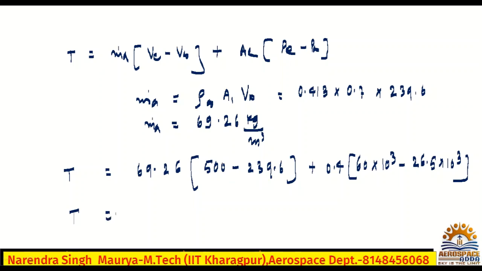What is the thrust? We need to calculate this: 69.26 into bracket 500 minus 239.6, plus 0.4 in bracket 60 into 10 to the power 3 minus 26.5 into 10 to the power 3. This is the value I'm getting.